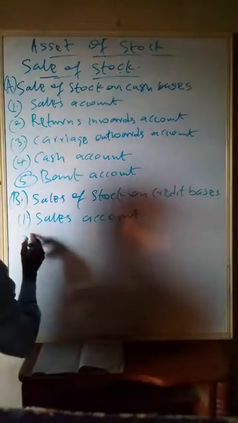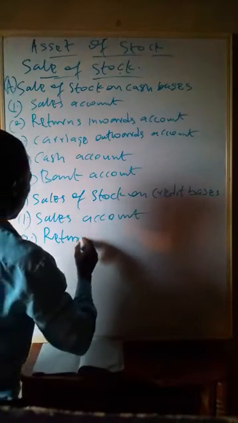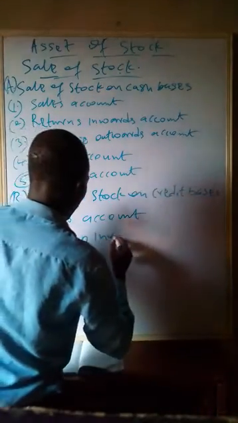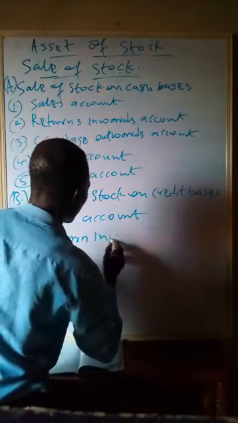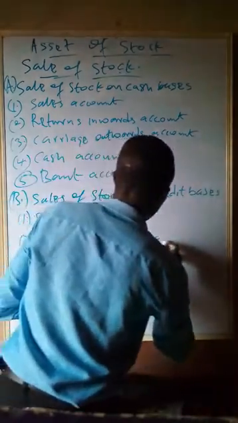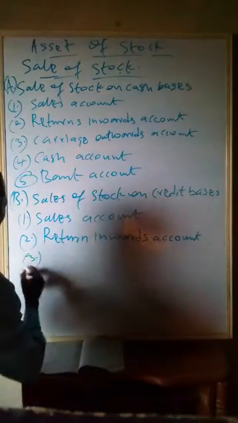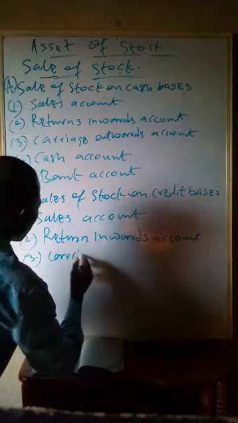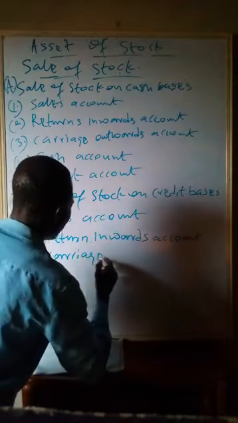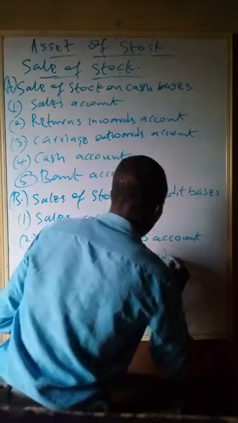You have two, returns inwards account. Three, carriage outwards account.